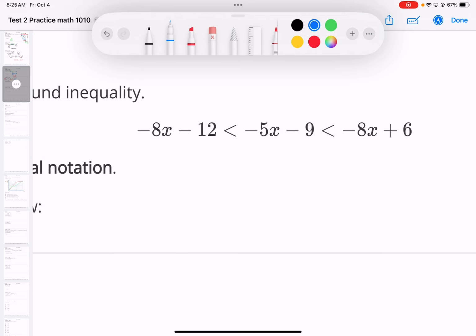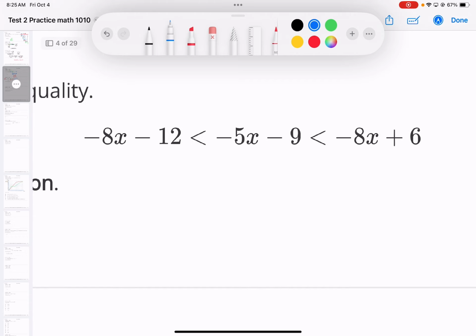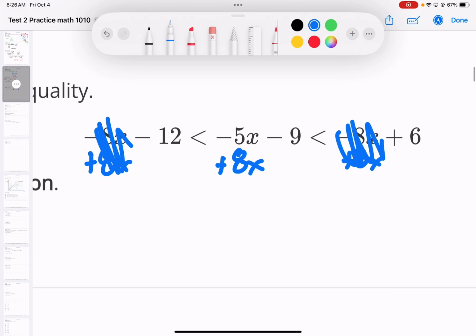Okay, what do we do? I think this one's one of the easier ones, so let's just go through it fast. You want to get x by itself and in the middle. And luckily, these negative 8x's, if I add 8x here, these go away.